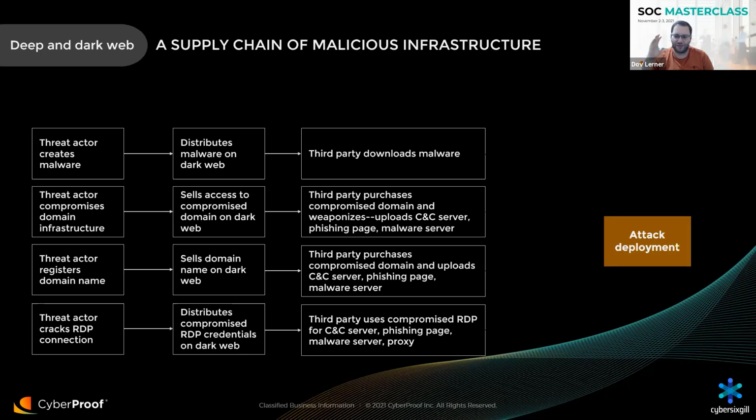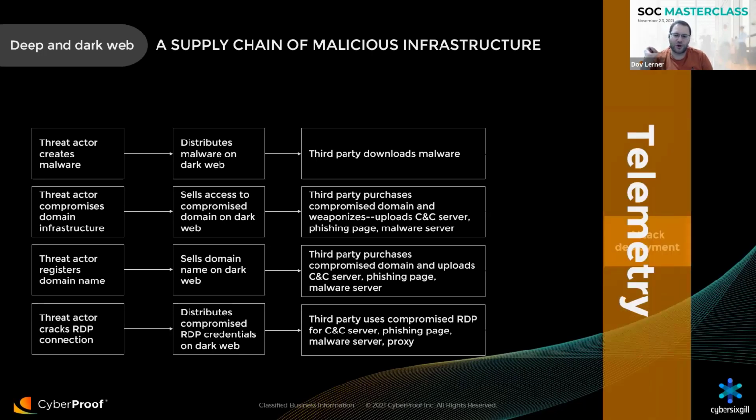So if an intelligence vendor, next slide, is looking at the gateway or the endpoint, right, an EDR or firewall, whatever it is, they're going to catch the IOCs once an attack is deployed.